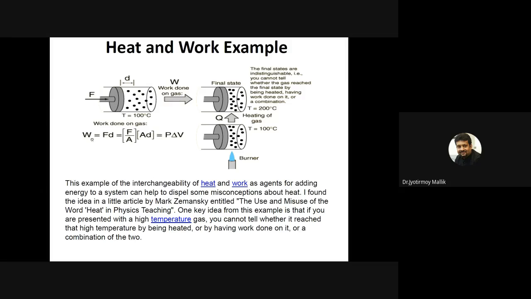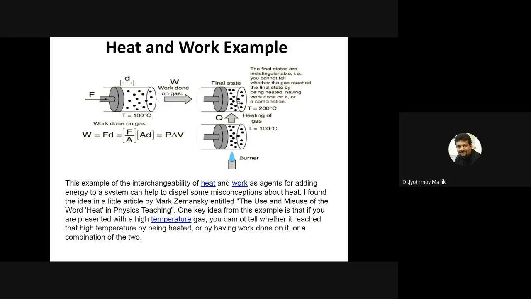So work done is equal to F multiplied by d. F by A is essentially the pressure, and A multiplied by d is volume. So the work can be described as P delta V. Now I have increased the temperature as a result of doing the work P delta V, from 100 degrees centigrade to 200 degrees centigrade. I can also achieve 200 degrees centigrade for the gas by just putting a Bunsen burner under it, right? And the temperature can be heated up to 200 degrees centigrade.